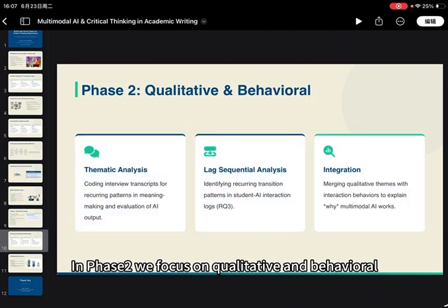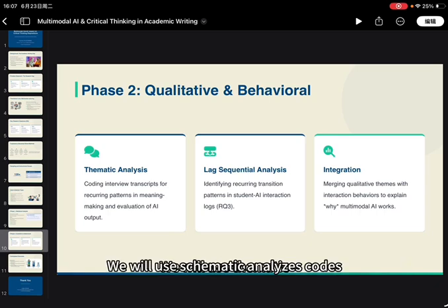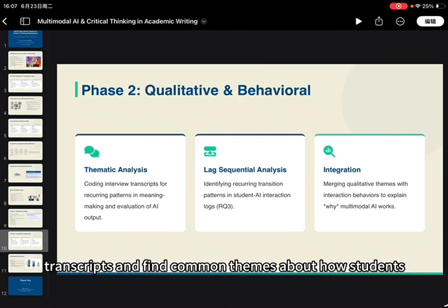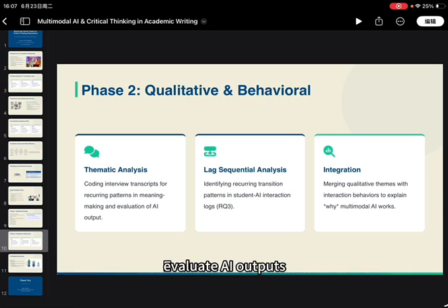In phase 2, we focus on qualitative and behavioral insights. We will use thematic analysis, code the interview transcripts, and find common themes about how students evaluate AI outputs.